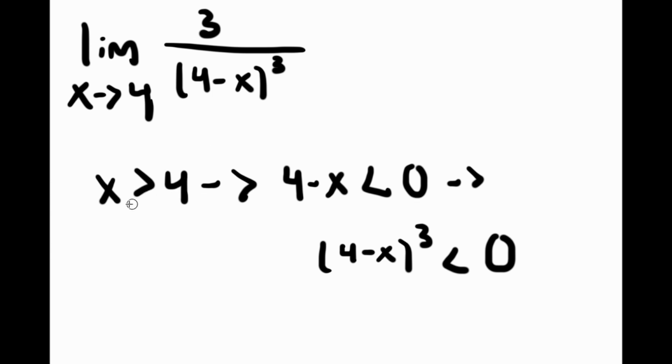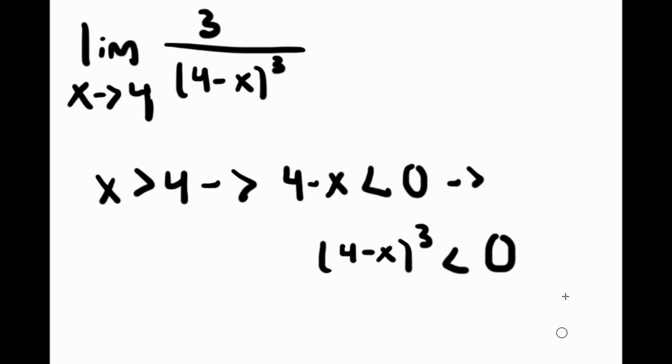And we only really flipped them because we got x over to the right side. We're basically trying to get what we have in the denominator in our expression right here. So now we have 4 minus x cubed is less than 0.